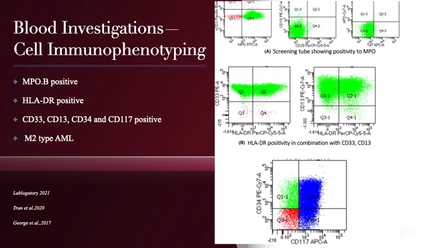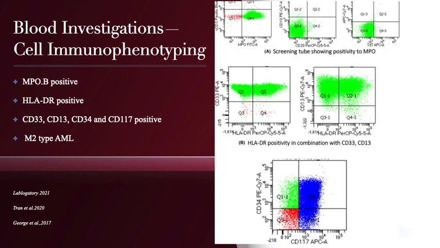In order to confirm the diagnosis and provide targeted treatments, the oncologist ordered cell immunophenotyping test for Mr. K. It is used to assist in diagnosing a specific type of leukemia.